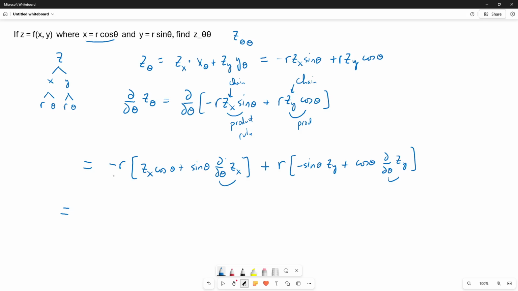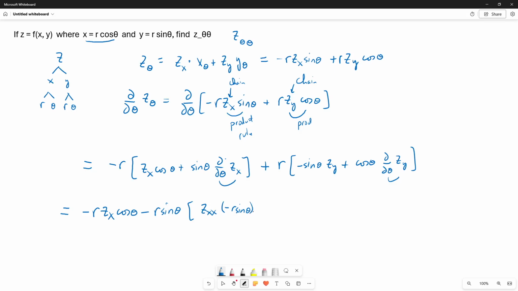So we have, I'll distribute here as well, negative r z sub x cosine theta minus r sine theta, and now times the derivative of z sub x with respect to theta. So we'll have to do z sub xx and then the partial derivative of x with respect to theta is negative r sine theta.